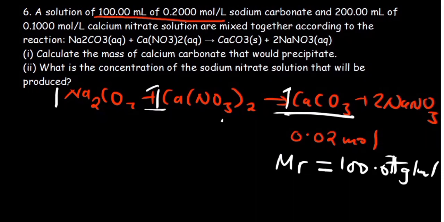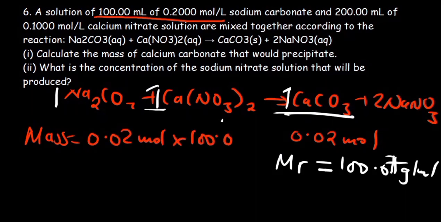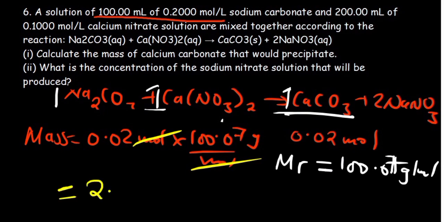So we have our number of moles and the molar mass. The mass is the product of the two: 0.02 mole multiplied by 100.07 grams per mole. The moles cancel out, and multiplied by 0.02, I'm getting a value of 2.00.